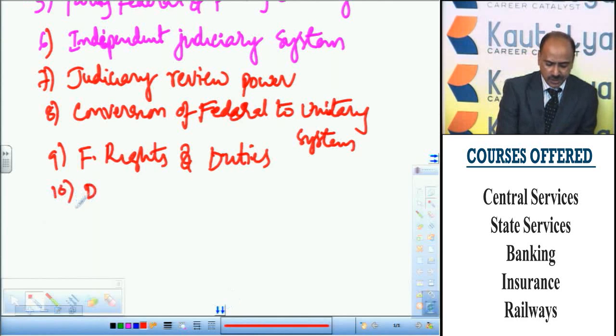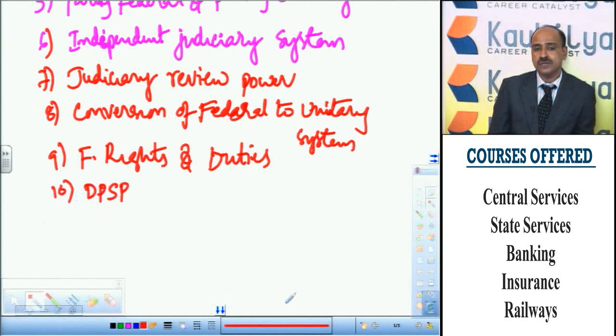Next, DPSP, Directive Principles of State Policy. This is also one of the salient features of our constitution. Directive principles are arranged in the constitution. The main aim is to establish a welfare state. Because we want to develop our country into a welfare state, some principles suggested by our constitutional experts are implemented.